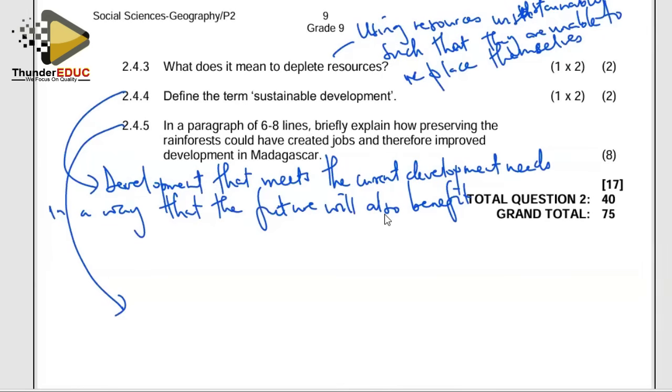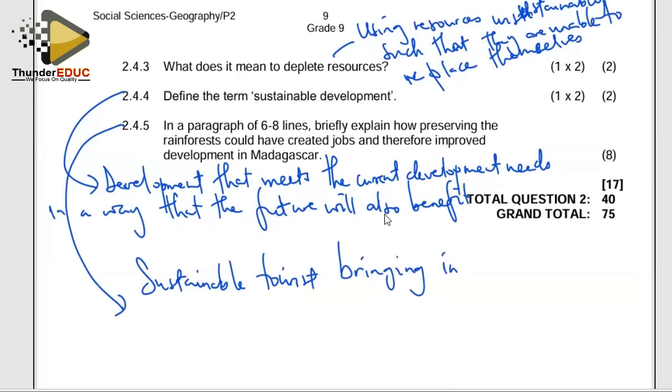If the forests were there, they could benefit from them. Tourists will come to view those forests, bringing in foreign currency. That's going to help develop the economy.